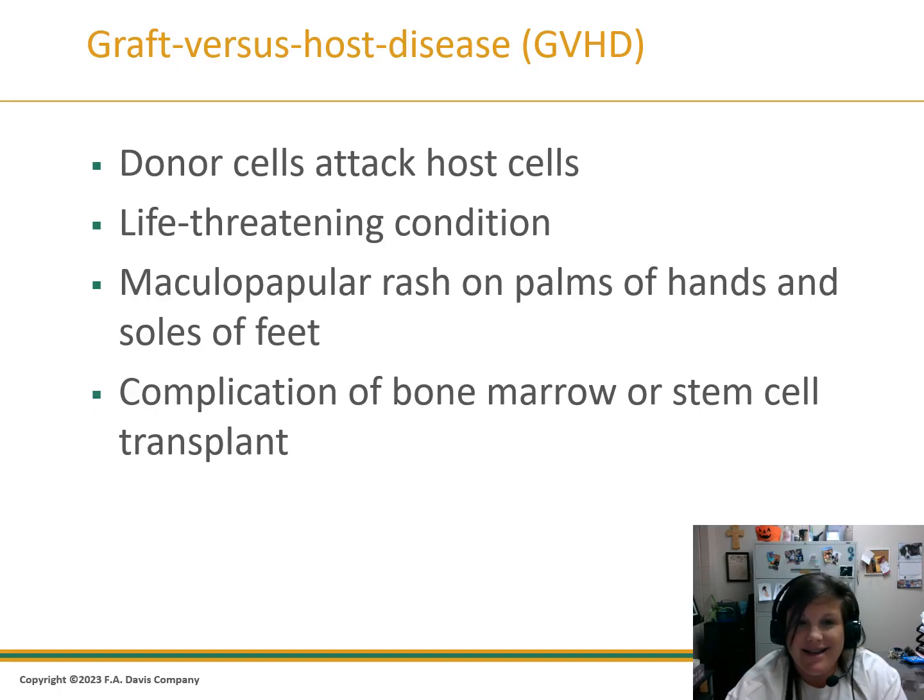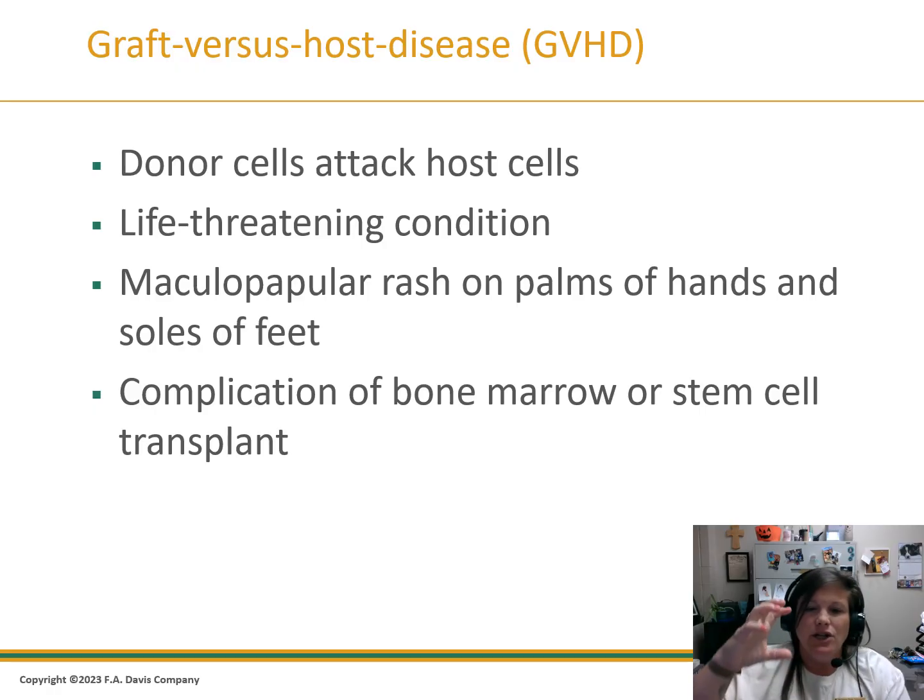And this last slide is looking at GVHD, graft versus host disease, when donor cells start attacking host cells. So the patients receive stem cell transplantation, and now those cells are harming their body. This can be a life-threatening condition, and the indicators that we want to be watching for are a rash occurring on the palms of the hands and soles of the feet that is maculopapular in nature.